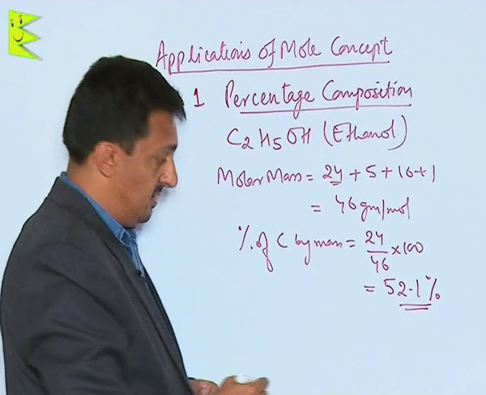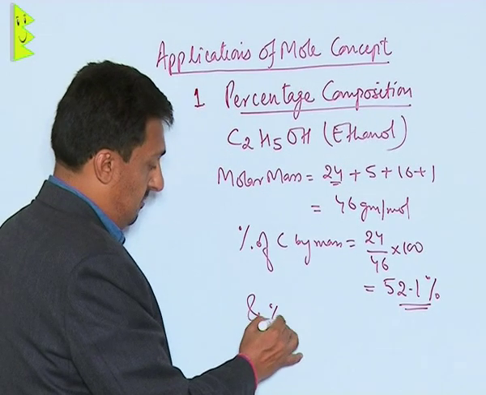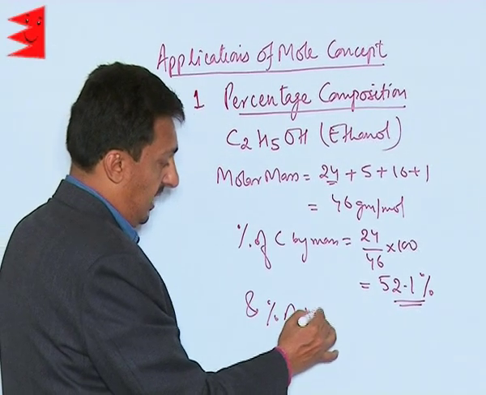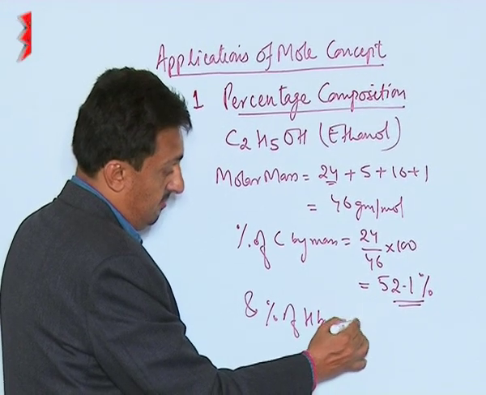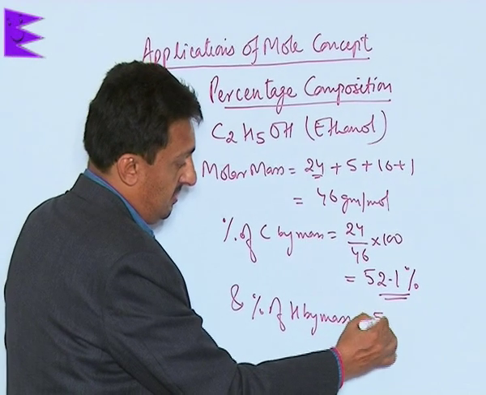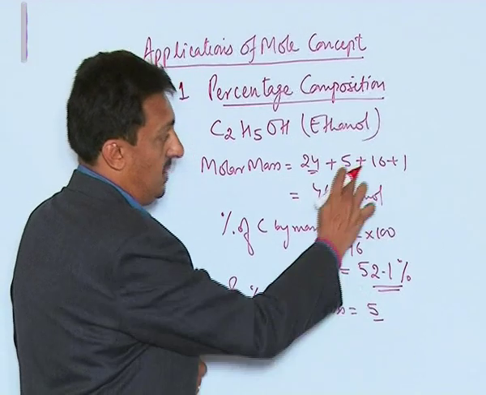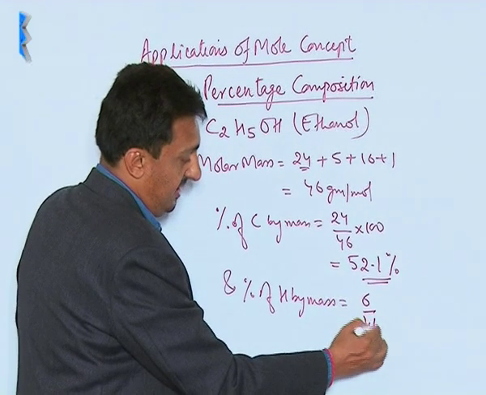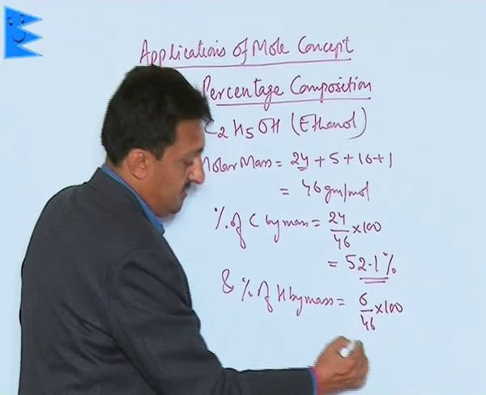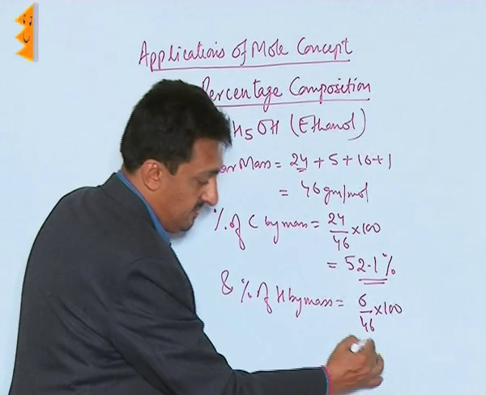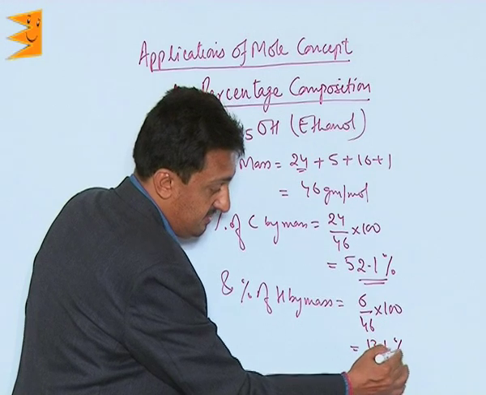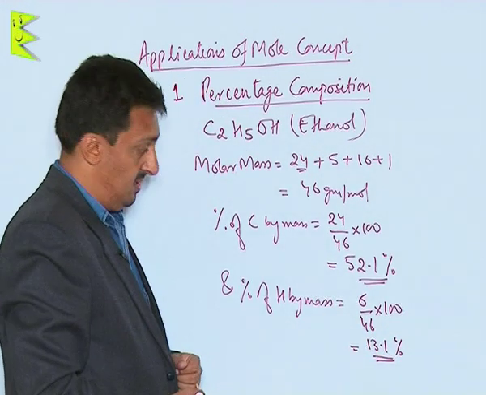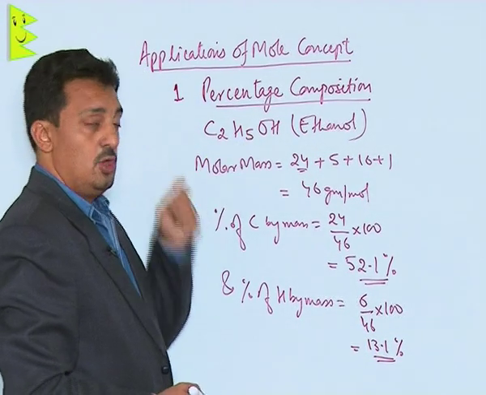52.1%, and the percentage of hydrogen by mass will be 5 plus 1 for this hydrogen, so it will be 6 by 46 into 100. This comes out to be 13.1%. And now what is left is oxygen.